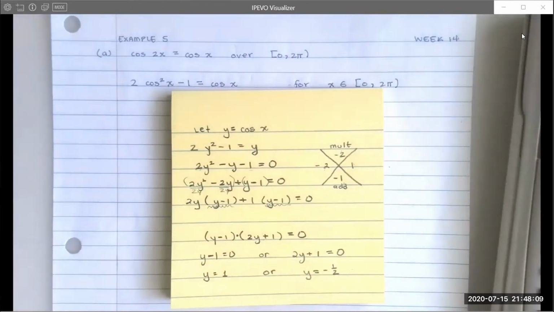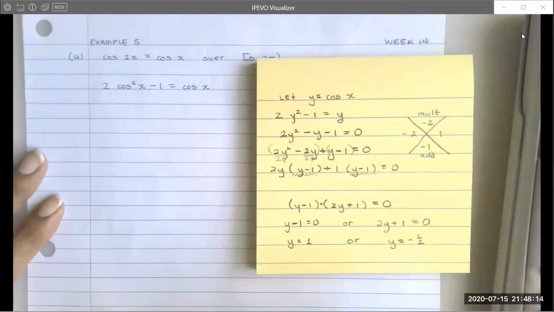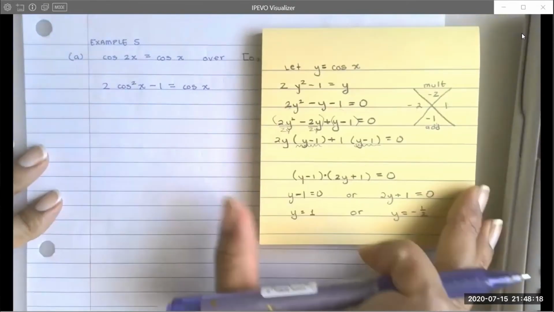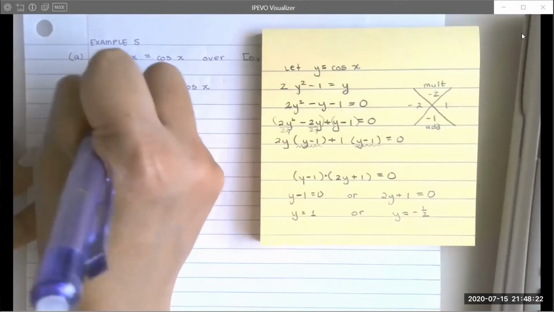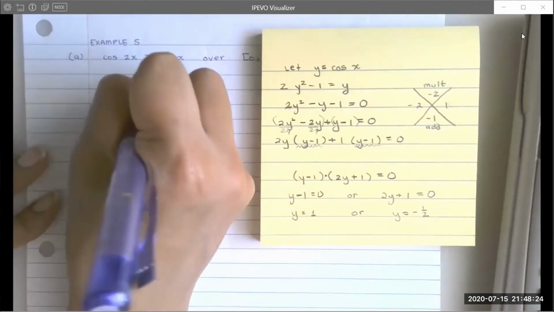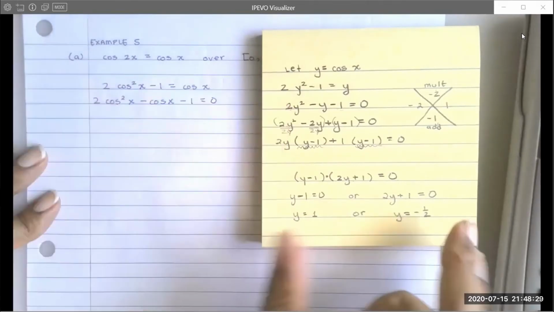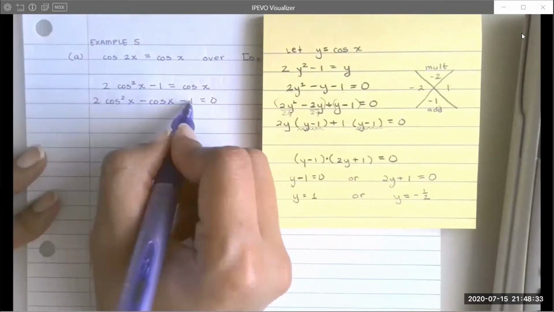Okay, so going back to the trigonometric equation. This is following the same order of steps. I would subtract the cosine. So I'd get 2 cosine squared x minus cosine x minus 1 equals 0. I would try to factor out this trigonometric equation.